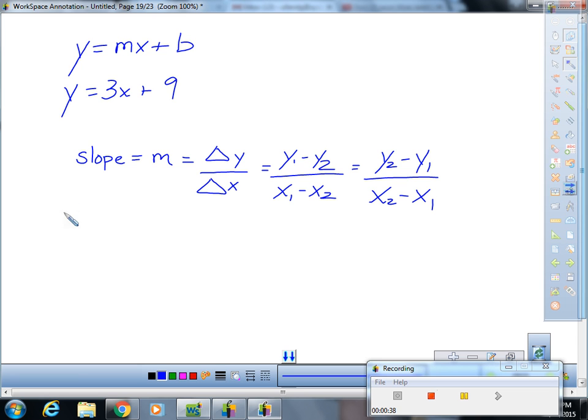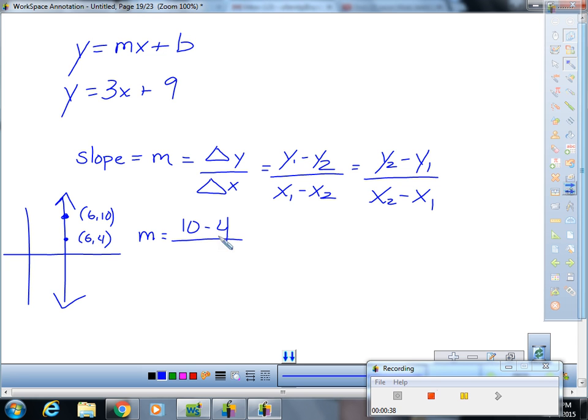Okay, so let's go back to our vertical line. I don't know. Let's say this is on this plane right here. And we've got a point on this line is 6, 10. And this is the point 6, 4. So we would do change in y. Slope is equal to 10 minus 4 divided by 6 minus 6. That is 6 on the top divided by 0.